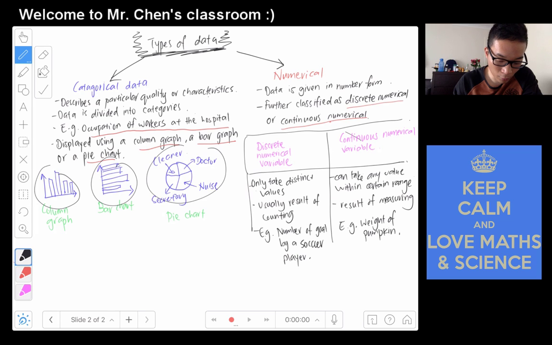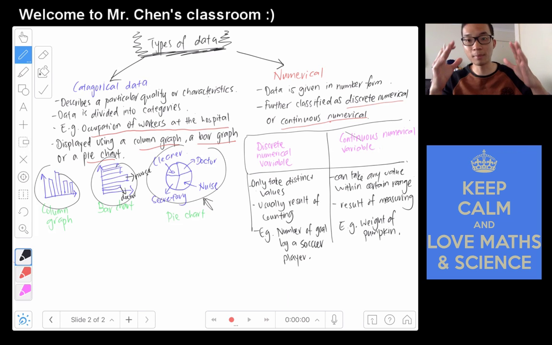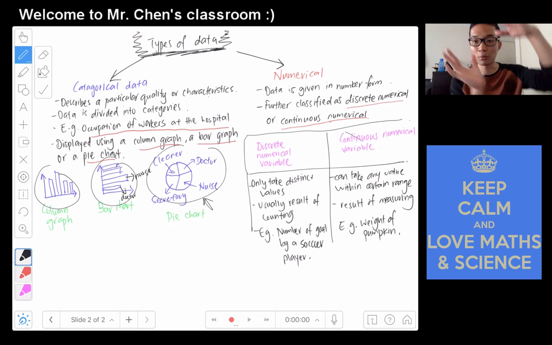Okay, so if you have a pie chart, your data will look something like that. If you have a bar chart, it will look like this, maybe like doctors, that will be your doctors, that will be your nurses, etc. Okay, and column graph and bar chart are technically very similar, apart from one going vertically, the other one going horizontally.